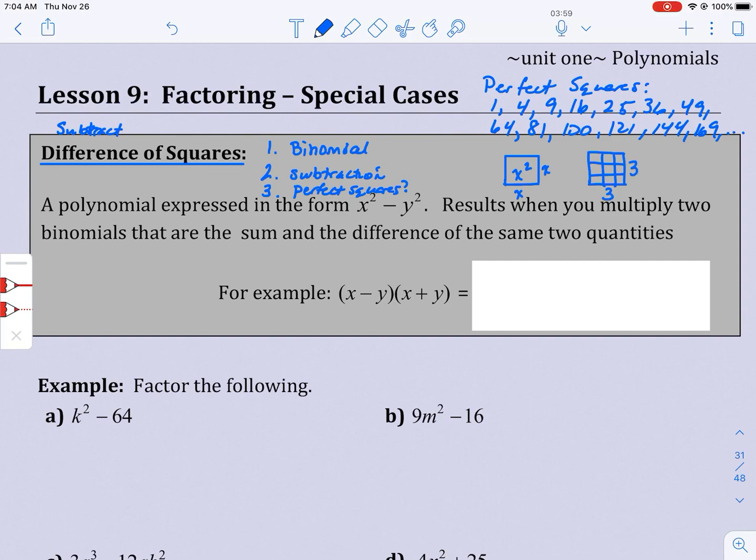Okay, and 3 squared is, of course, 9. So whenever our root is the same, a whole number, such as 3 or 4, we multiply those together to get 9 or 16, etc., which makes a perfect square. So we need to recognize those three things.